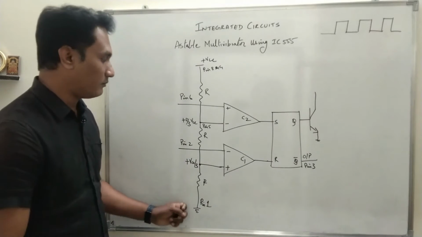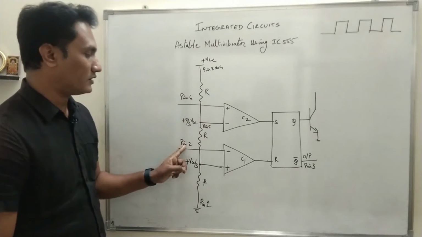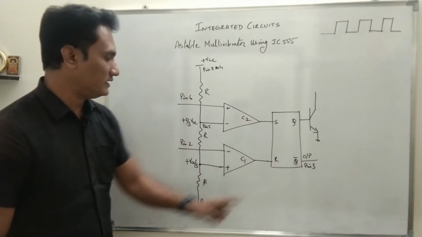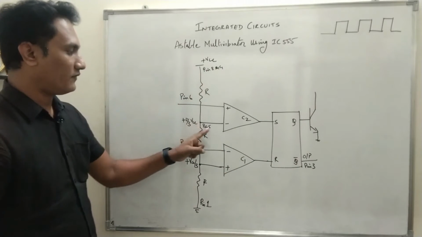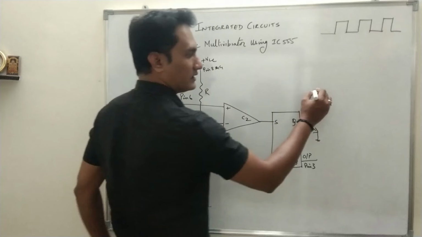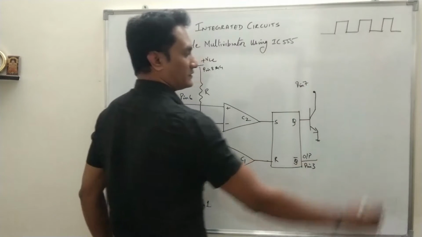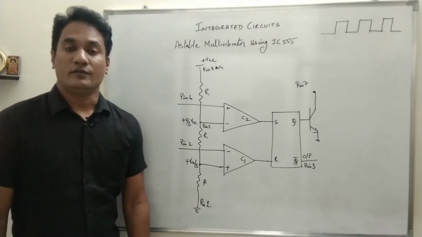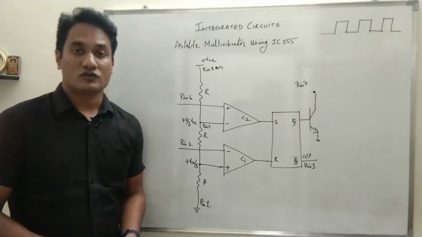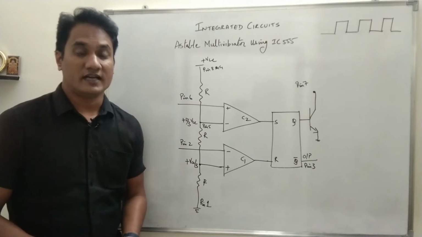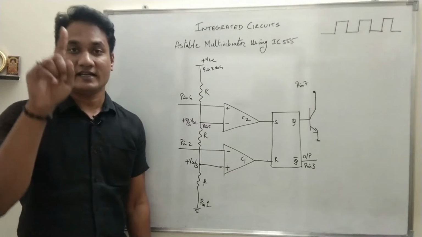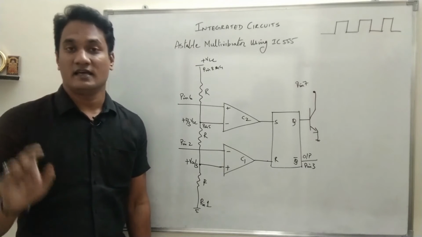Okay, so this is pin number 1, this is pin number 2, this is pin number 3, pin number 4, 5, 6, and this pin is called pin 7, which is the discharge pin. Now if you remember the diagram for monostable multivibrator, what we have done is we have connected one external resistance and capacitor.